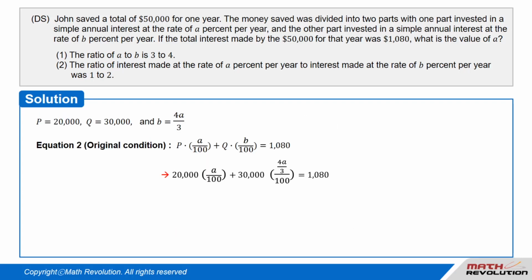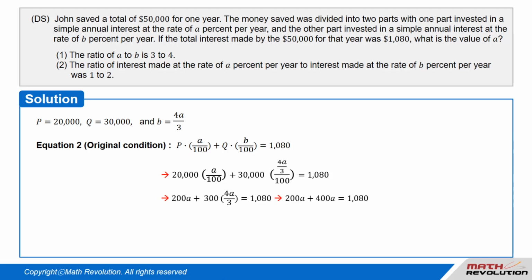We substitute P equals 20,000, Q equals 30,000, and B equals 4 times A over 3 in P times A over 100 plus Q times B over 100 equals 1,080. Then we get 20,000 times A over 100 plus 30,000 times 4 times A over 3 over 100 equals 1,080.